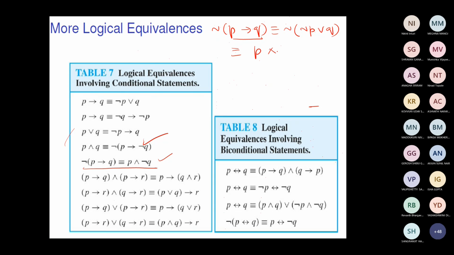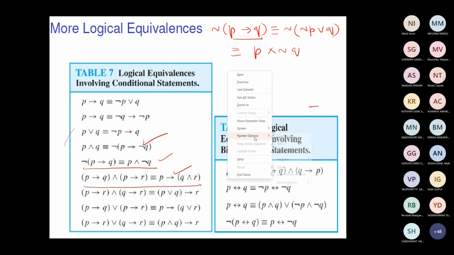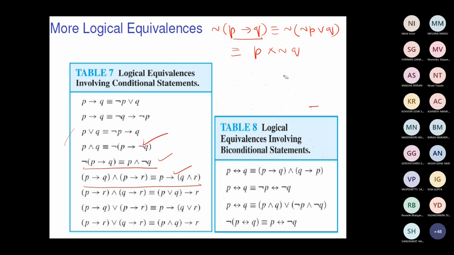Yes. P and not Q. Okay. So what about this one? You just try to write the proof and then say, please. Next one. You can try, take a paper, write and then say.